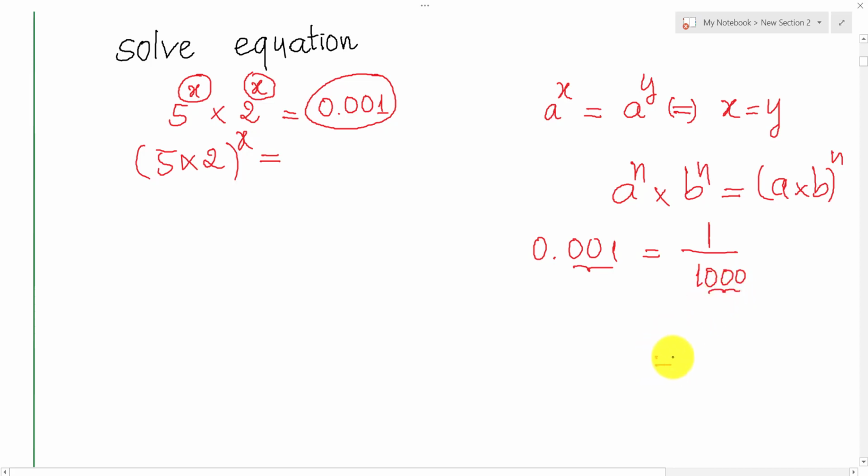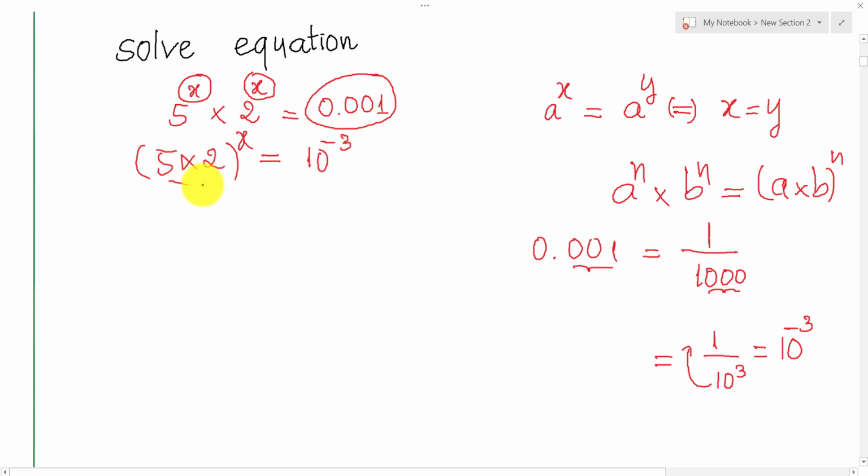So I can write it as 1 over 10 to the power 3. If I change it from under to over, we get 10 to the power minus 3.